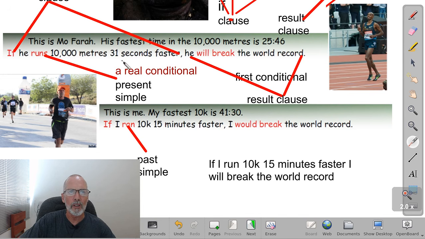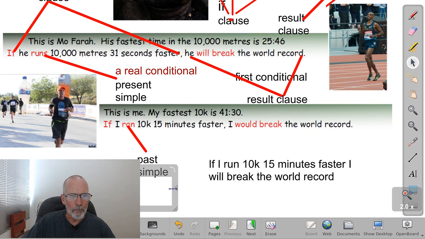This is a real conditional, it's a real possibility. But this one here is completely and utterly imaginary. It's an imaginary situation, or let's just put it's an unreal situation, to keep it like the other one. It's an unreal conditional.